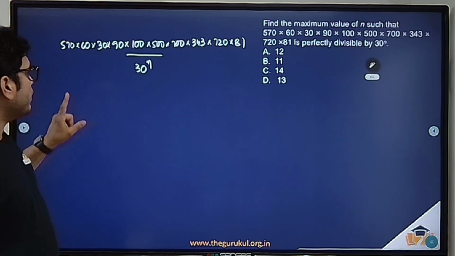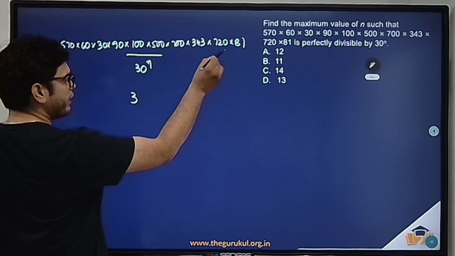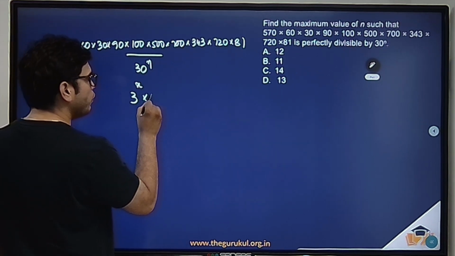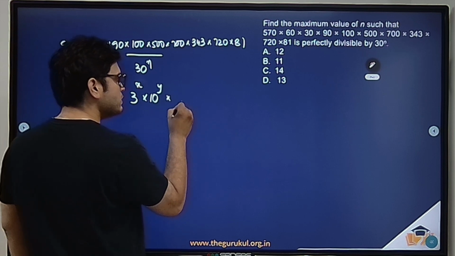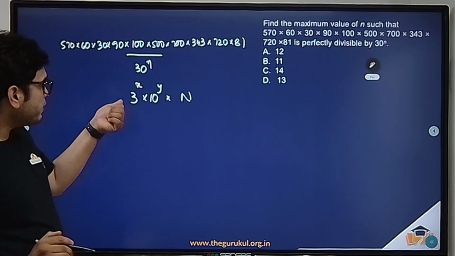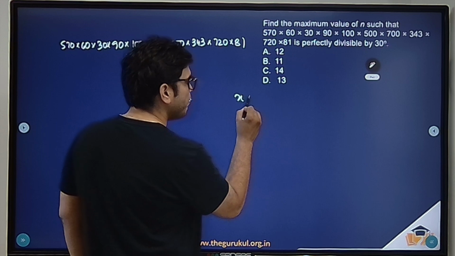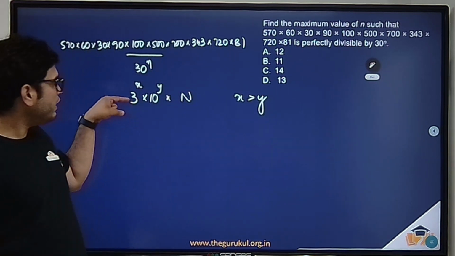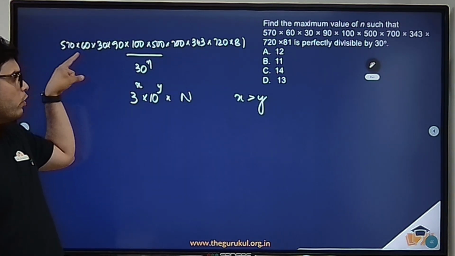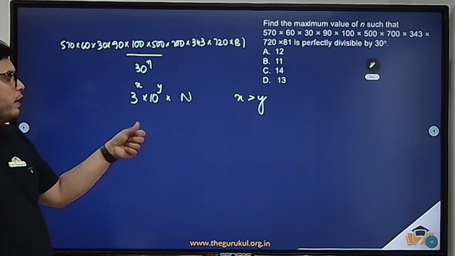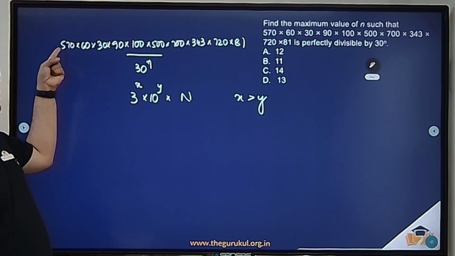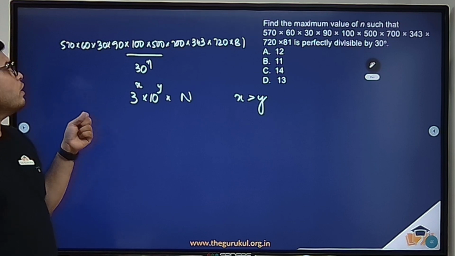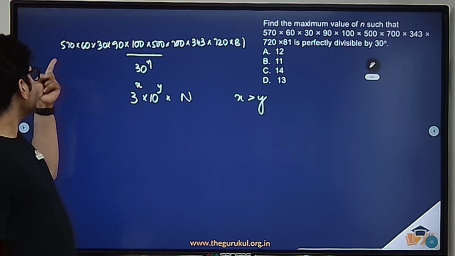And I can also say that, for example, if I write this as 3 power x into 10 power y into some number, then x will be greater than y. The powers of 3 in the product of these terms will be greater than the powers of 10, because 57 is divisible by 3.